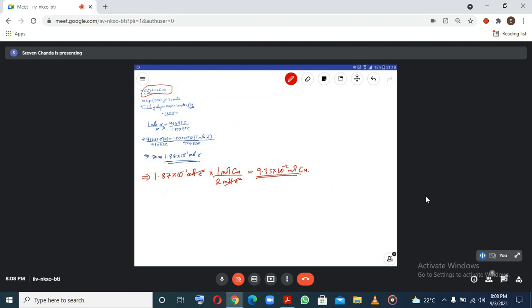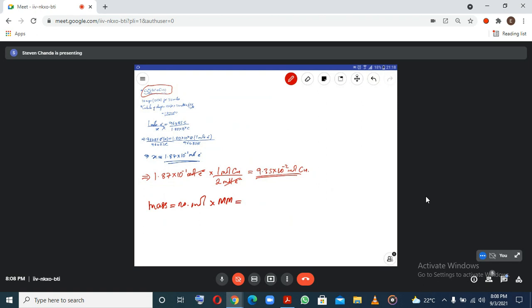We say mass is equal to number of moles times what? Times the molar mass, isn't it? Molar mass, atomic mass, those things.